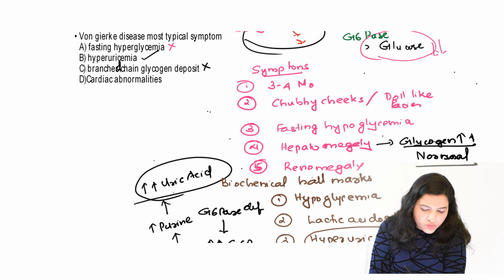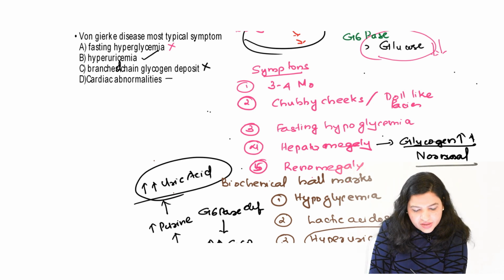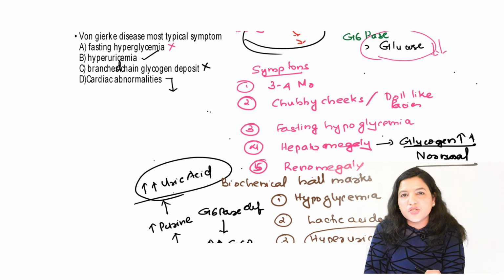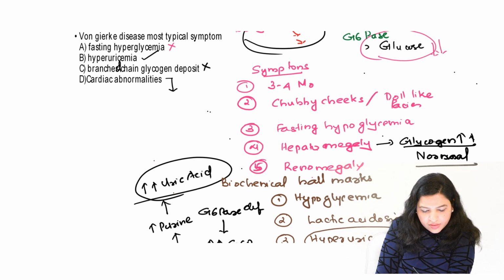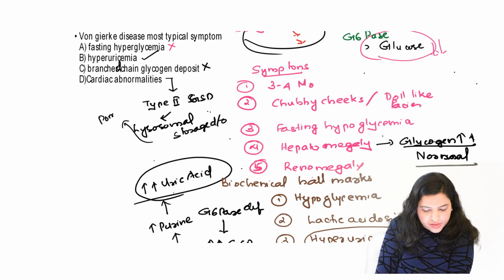So the cardiac abnormalities are a feature seen in type 2 glycogen storage disorder, that is a lysosomal storage disorder, and that is Pompe's disease.